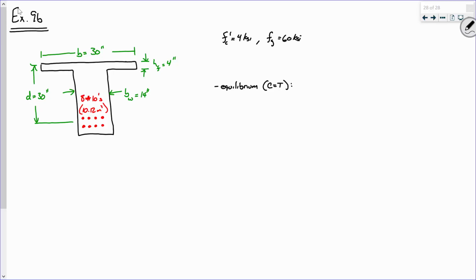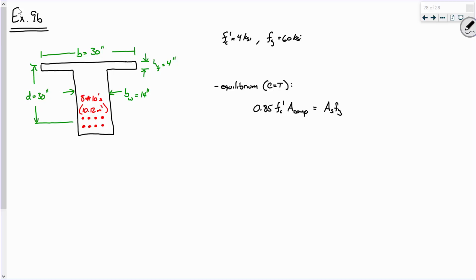All right, so this is what we did. We said 0.85 f'c times the area in compression equals AsFy. Okay? That make sense? And then we say, all right, let's solve for the area in compression required to achieve equilibrium.